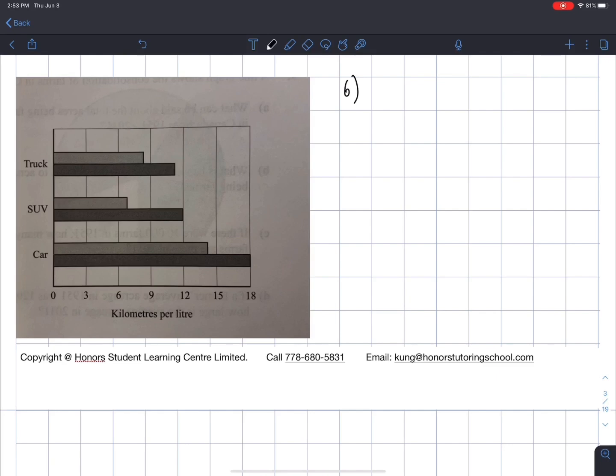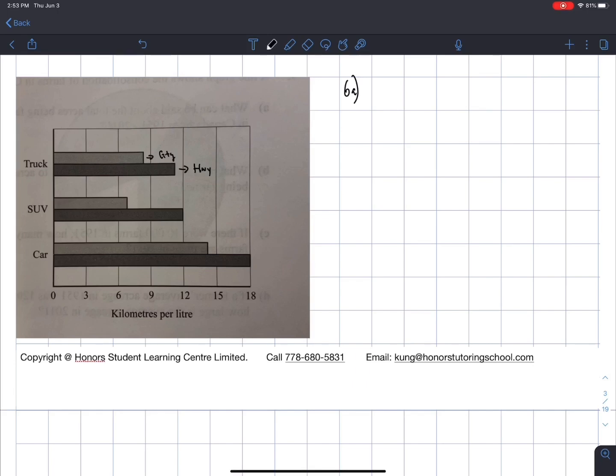Okay, they didn't tell us which one is city and which one is highway, but because there are a lot fewer lights on the highway, we would assume the longer bar represents highway. For each liter of gasoline, we are able to travel a much greater distance on the highway compared to the city, mainly because there are so many stops in the city. There are many lights, many stop signs. They didn't tell us, but they're supposed to.